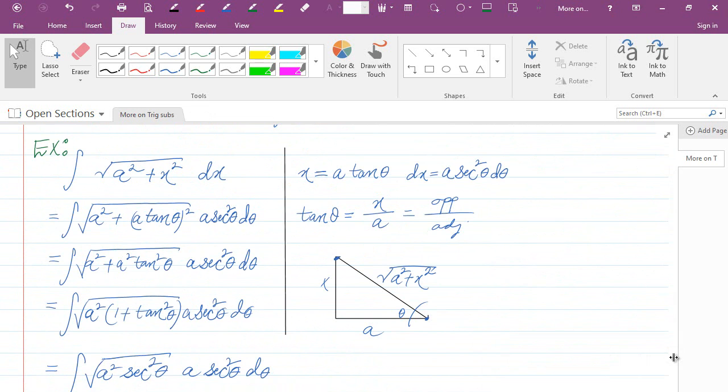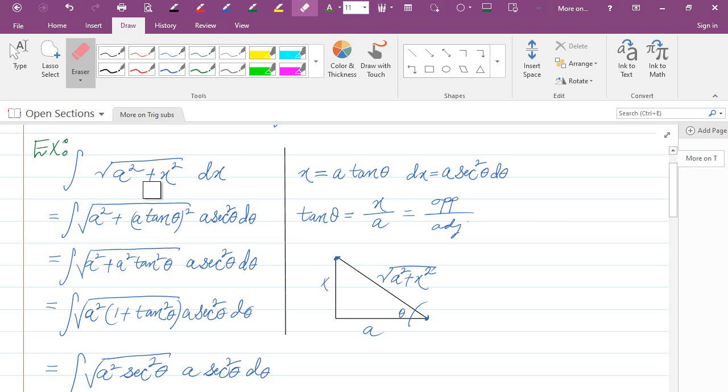All right, so let's now say that we want to find the indefinite integral of the function root of a squared plus x squared dx. So here a is a fixed constant. All right, so to do this, we're going to make the following substitution.